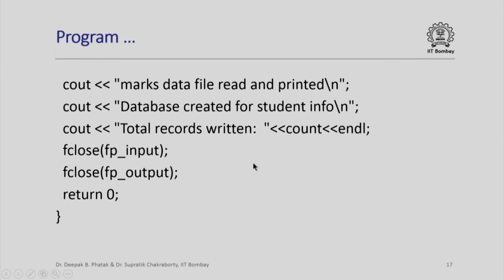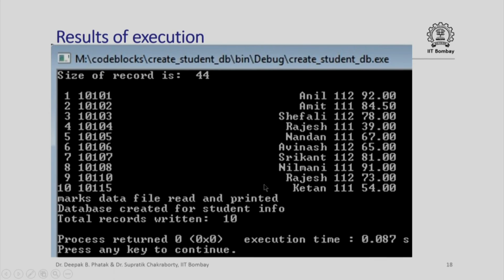At the end, I do my standard housekeeping. I print out messages like marks data file read, database created, I write the total number of records written, and more importantly, I do not forget to close the fp_input and fp_output files. This ends my program.